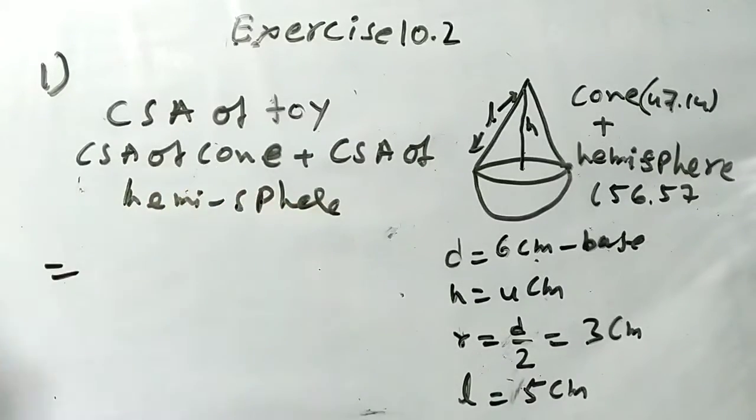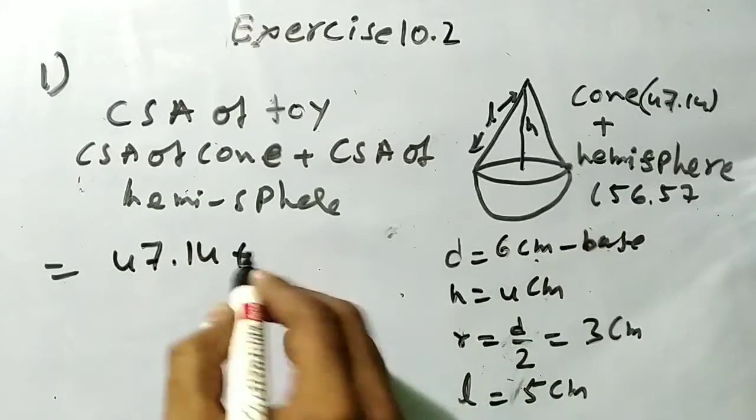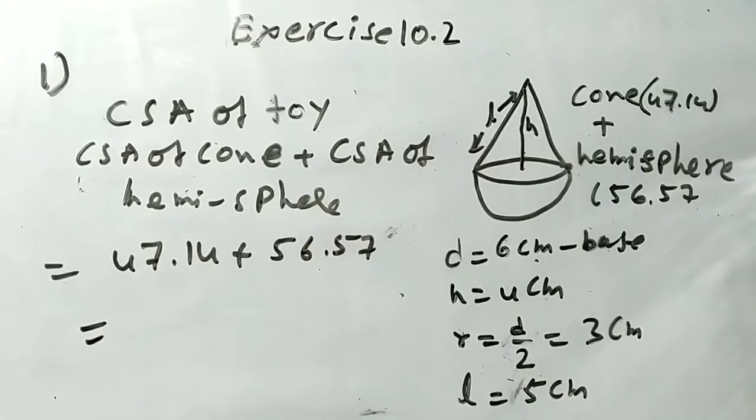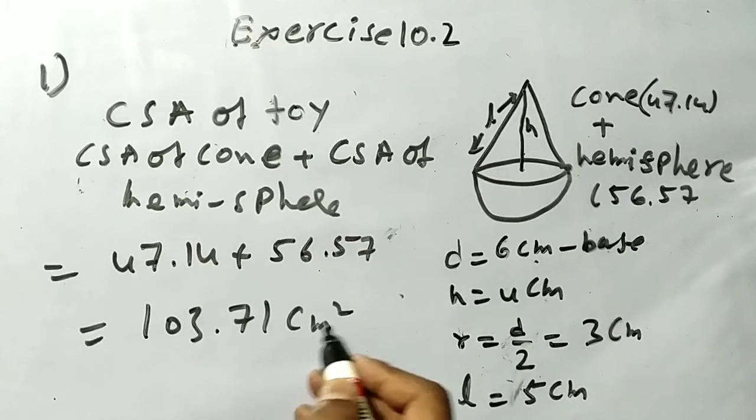The CSA of a cone is 47.14 plus the hemisphere, which is nothing but 56.57. So let's add this. We got 103.71 centimeter square as the CSA of a toy.